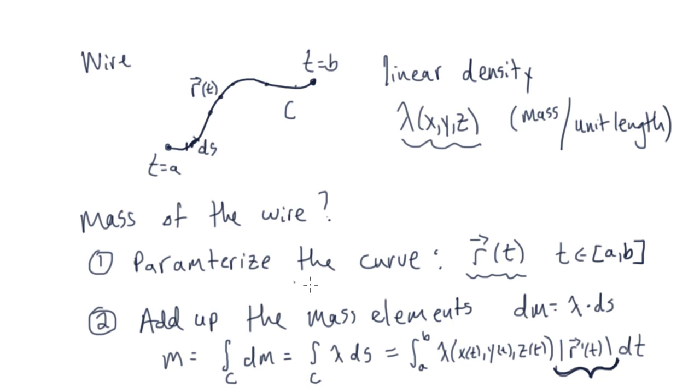What it's really doing is allowing us to give a better description of what this ds is in space. So ds is just a little piece of the curve, but what it really is is a little change along the tangent line of the curve. And since we have this parameterization, this is what a change along the tangent line looks like. So without getting into too much detail, that's what's going on.